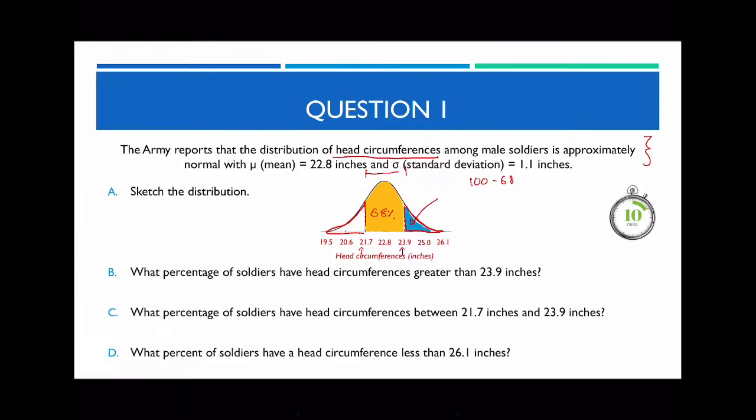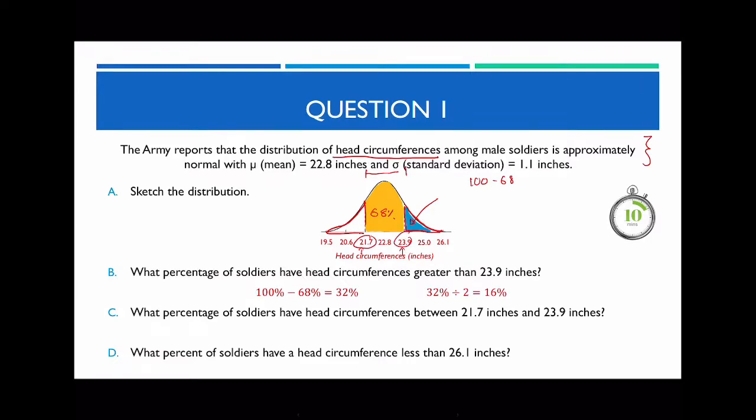Since I'm only interested in the area on the right hand side, because I want to find things that are greater than 23.9, I then divide that by 2 to find the answer. So first, 100 subtract 68 is 32%. And since I'm only interested in the right one, I go 32 divided by 2, which is therefore equal to 16%.